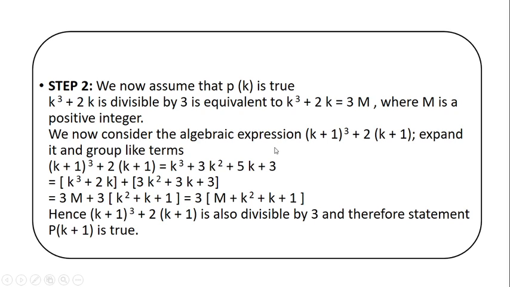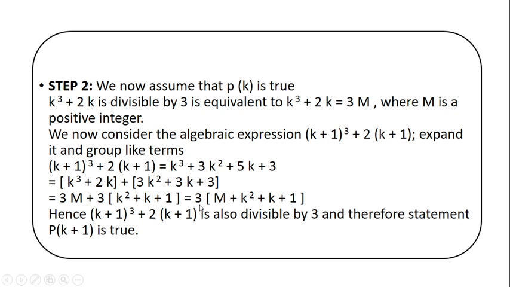Now consider the algebraic expression k plus 1 whole cube plus 2 into k plus 1. We have to prove that the statement is true for n is equal to k plus 1. If we expand this expression and simplify it, we will get 3 into m plus k square plus k plus 1, where this whole term is multiplied by 3.